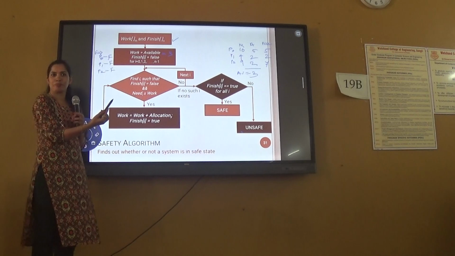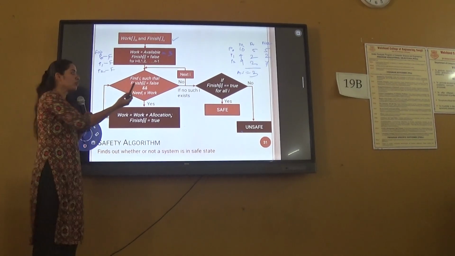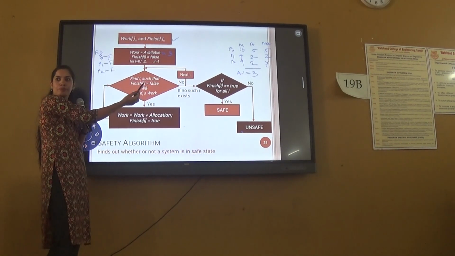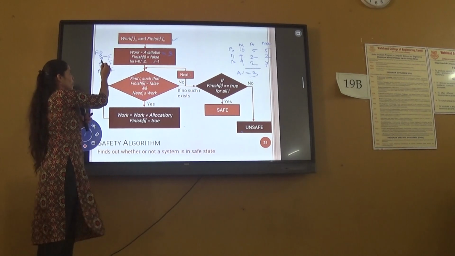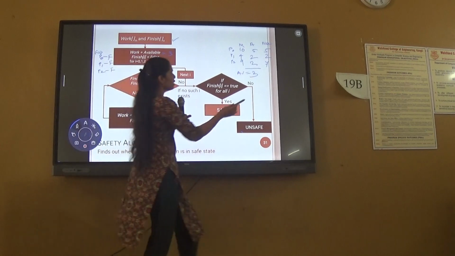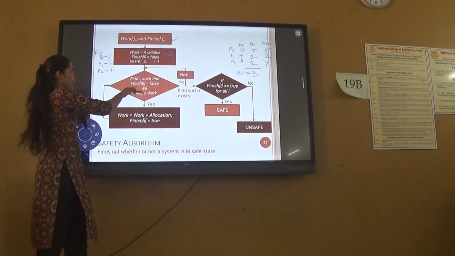We have to finish now. We'll go one by one. Finish[i] is equal to false. First we'll see P0. P0 is false, yes. Is its need less than work? Its need is 5. Is 5 less than 3? No. So we come back.